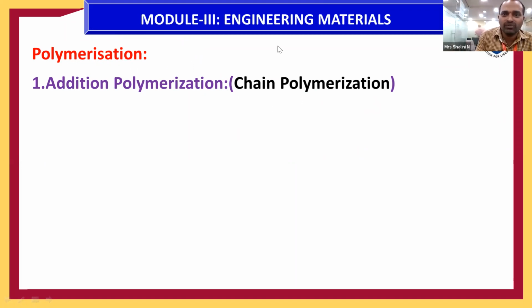Chain growth polymerization and addition polymerization are the same. The single monomers combine to form a large molecule or giant molecule, which is also called addition polymerization.